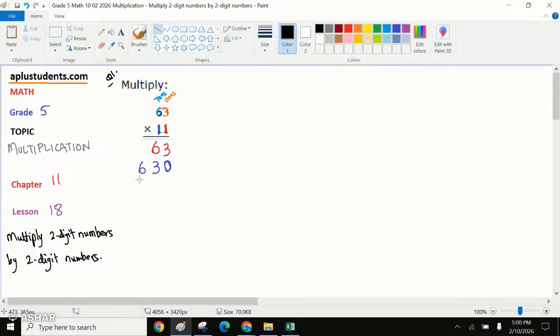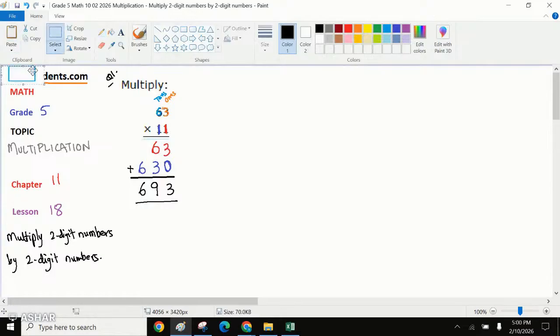So once we are done with multiplication, you add them together. 3 plus 0 is 3. 6 plus 3 is 9. And 6 comes as it is. Great. So we can say when we multiply 63 multiplied by 11, it comes out to be 693.